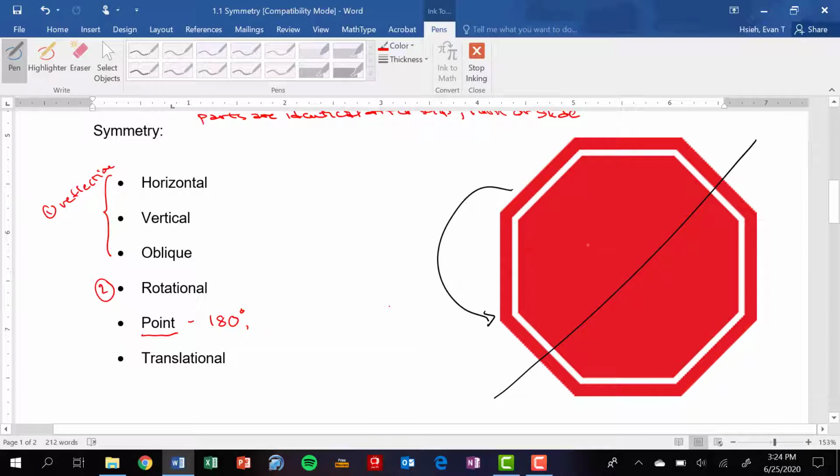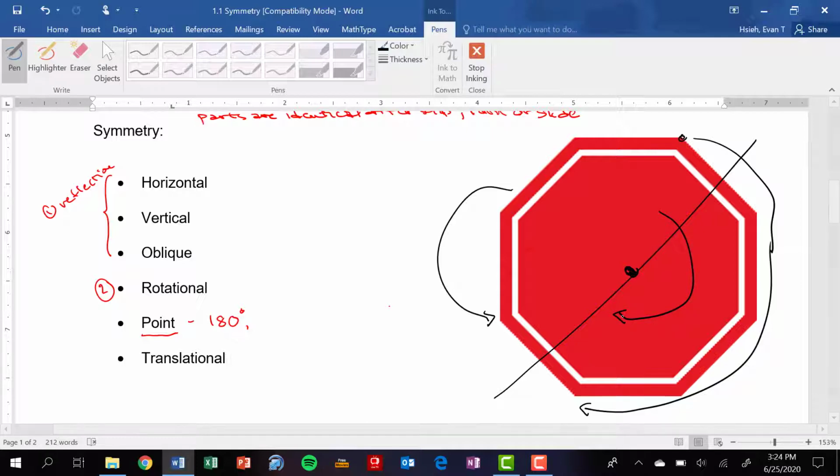So if I take this center point here and rotate this point all the way around 180 degrees to here, so I rotate this entire figure 180 degrees like this, it is going to have rotational symmetry. And in particular, it's going to have point symmetry because it's 180 degrees.